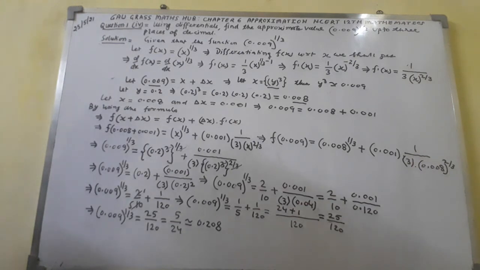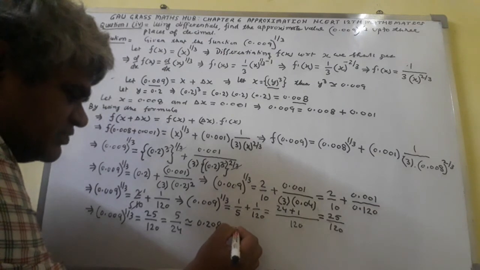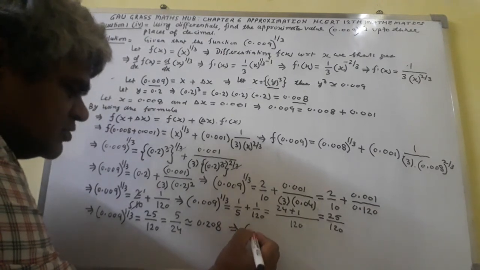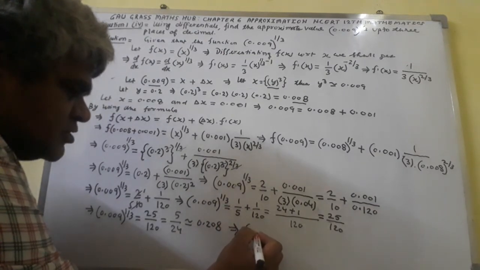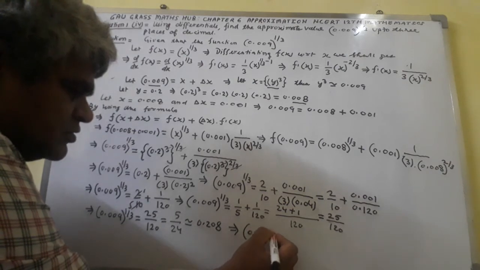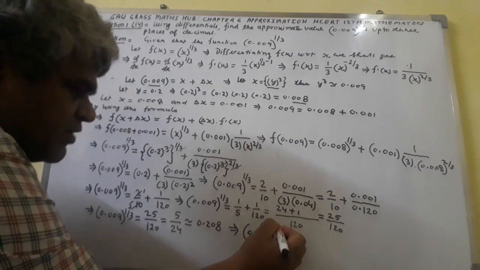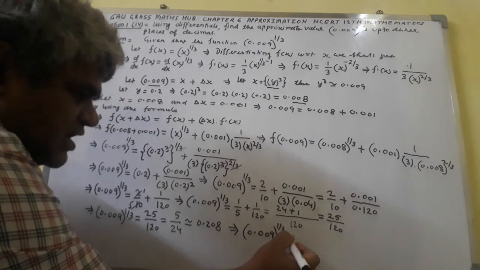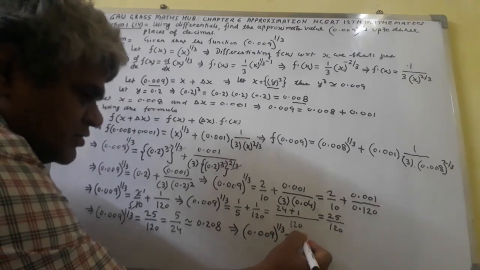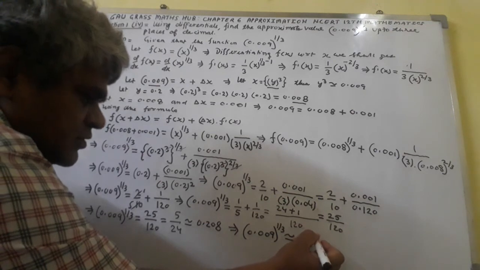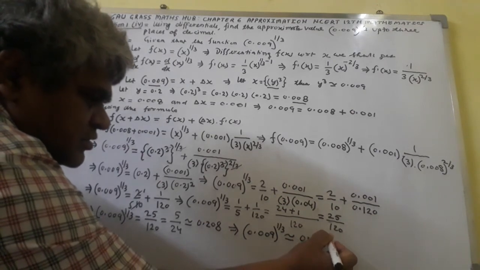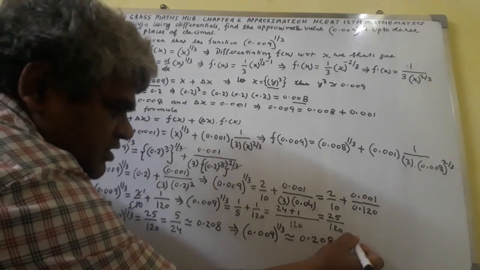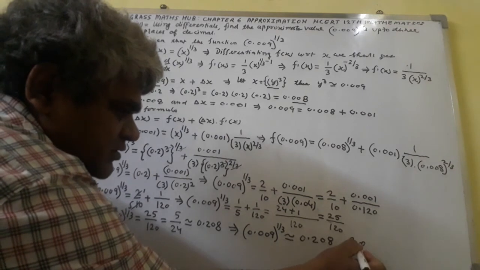So here you have got the correct answer. Implied that I can write here very well: 0.009 raised to the power 1 over 3, the approximate value you have got is 0.208. This will be the correct answer you have got.